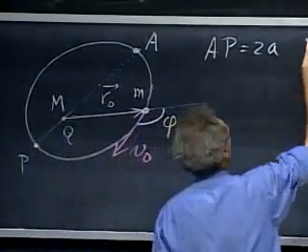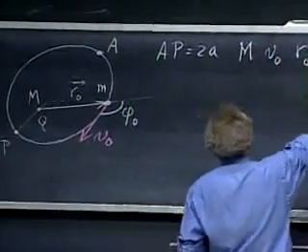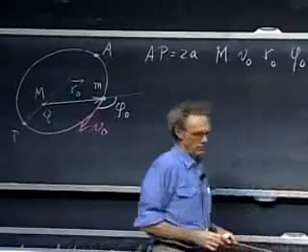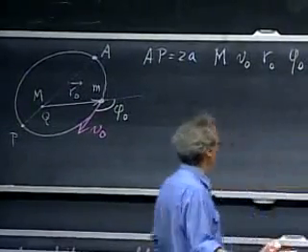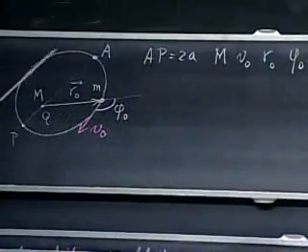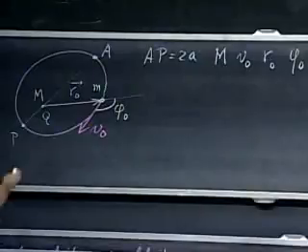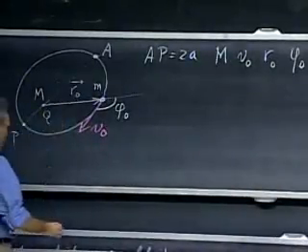So I'm giving you m. I'm giving you v0. I'm giving you r0. I'm giving you phi 0. And now I'm going to ask you, can we find out from these initial conditions how long it takes for this object to go around? Can we find out what QP is? Can we find out what the semi-major axis is?